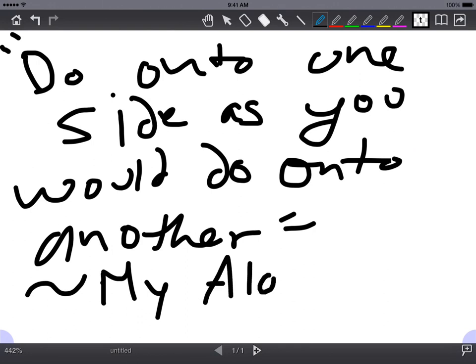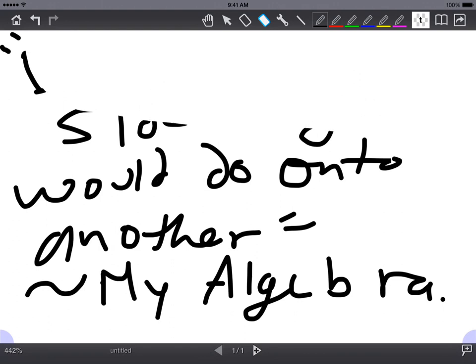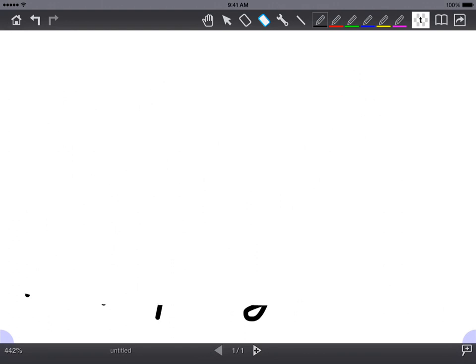Okay, so this means that whenever you have an equation, and whenever you perform an operation on one side, you have to do it on the other. Otherwise, the equation will get messed up. As long as you do that, you'll be fine.